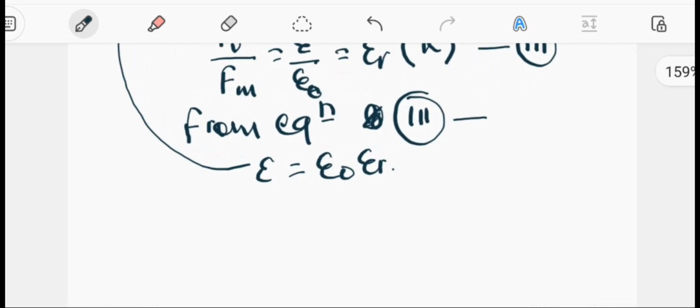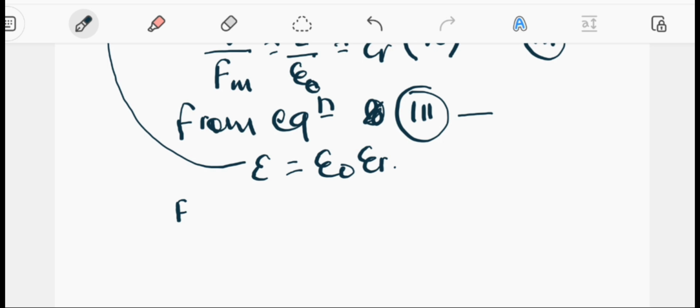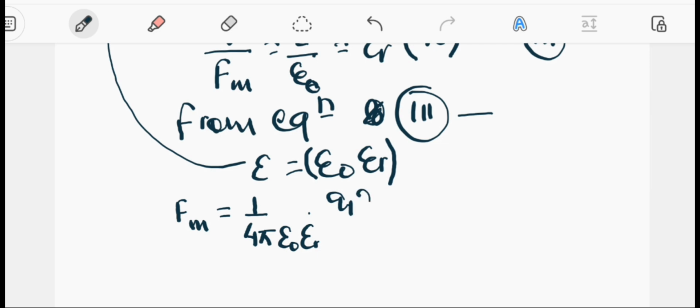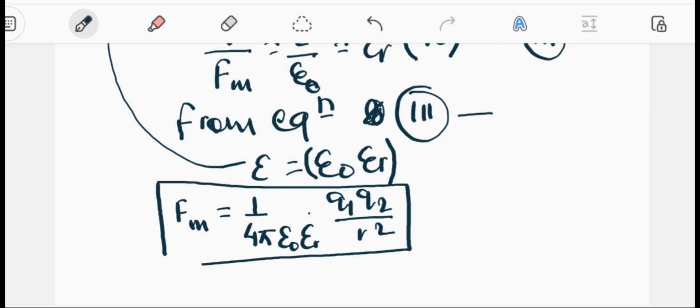The force in any medium is equal to 1 by 4 pi epsilon, and in the place of epsilon we will substitute epsilon naught into epsilon R, multiplied by Q1 Q2 upon R square. So this is the equation of relative permittivity, that is absolute permittivity in vacuum and absolute permittivity in medium.